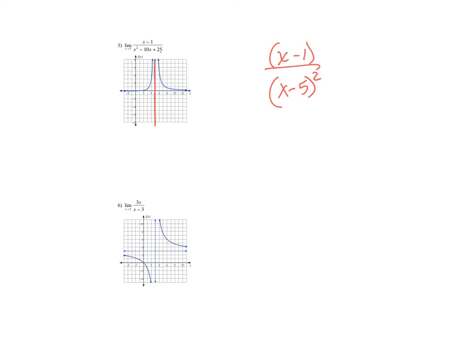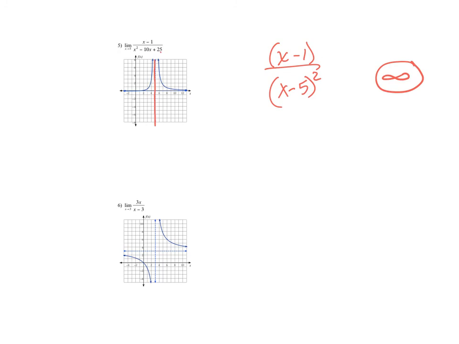So the limit is going to be infinity. Those arrows are going to get closer and closer to that asymptote, but way up, and no matter how high the number gets, it's still not quite 5. So the answer to that one would be infinity.